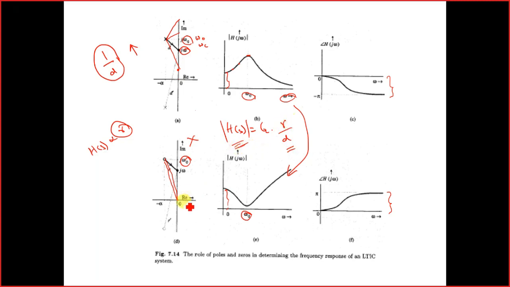So as you are moving from 0 to j omega naught, your distance is getting smaller. Since r is getting smaller, your amplitude response is coming down to a minimal level. And beyond this, as you go on, your distance increases, and the amplitude response increases. Clear? Okay. Yes, sir.